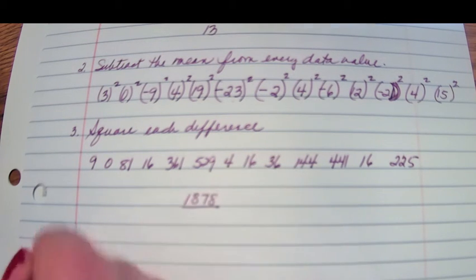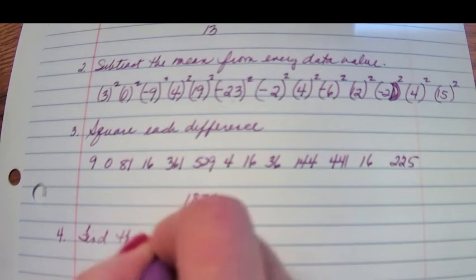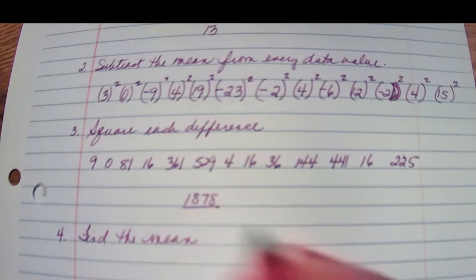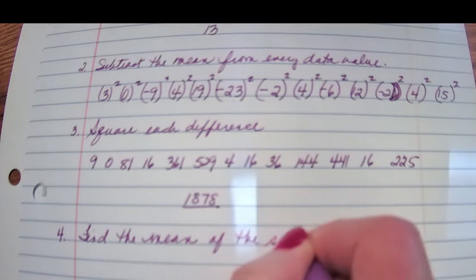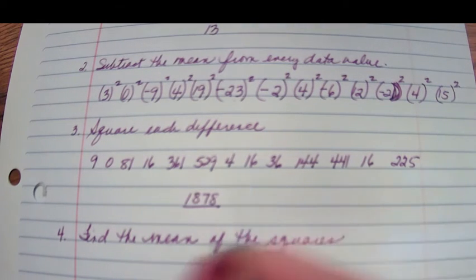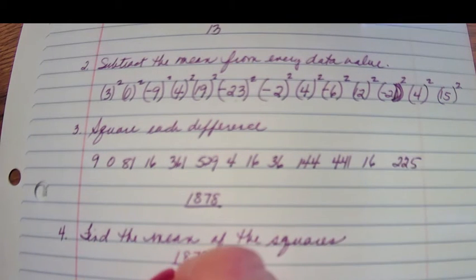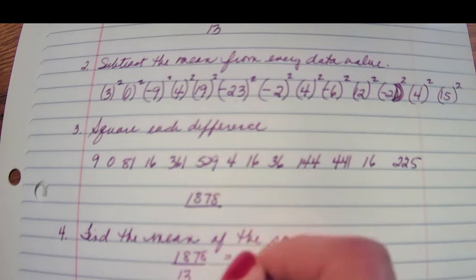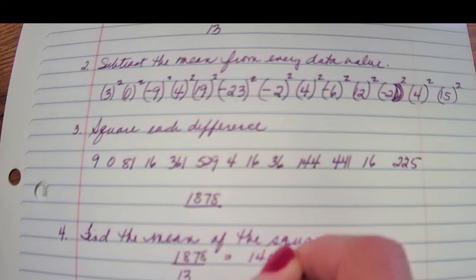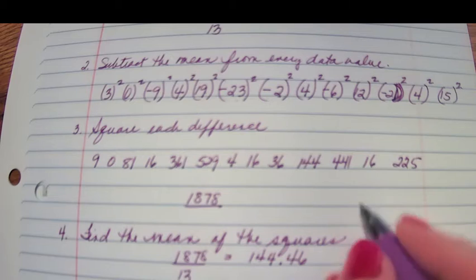Oh, let me write the step down. Find the mean of the squares. 1,878 divided by 13. That's 144.46. Last step.